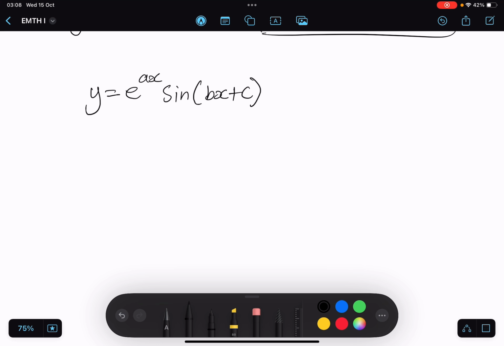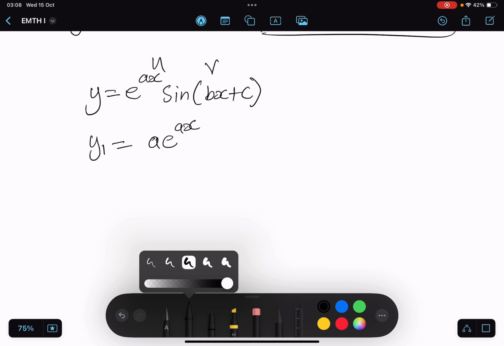If you're starting with the first derivative, we're going to have y1, right? y1 is equal to, this is u, this is v. We are going to use the product rule. So starting with u, we're going to have a e^(ax).